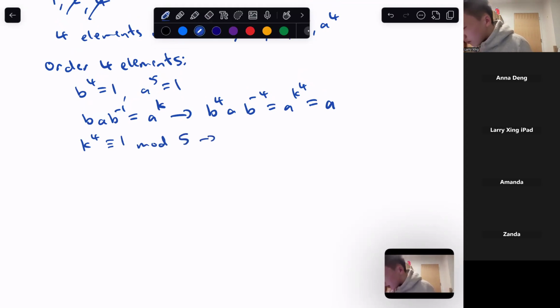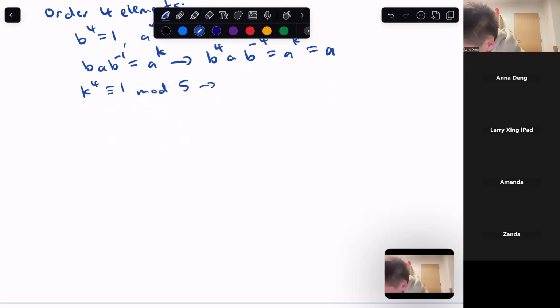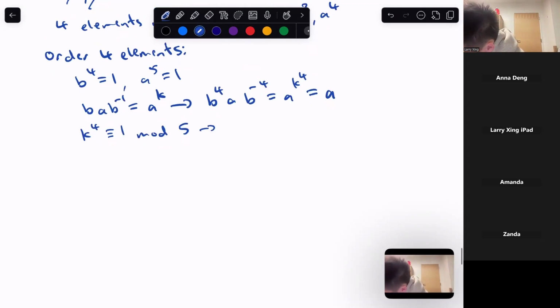So that means that basically K can be anything.